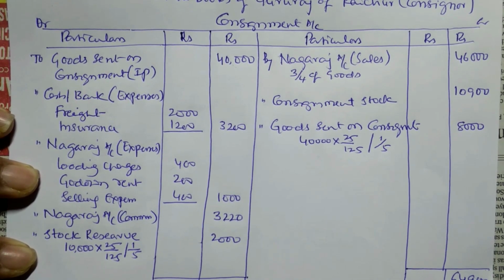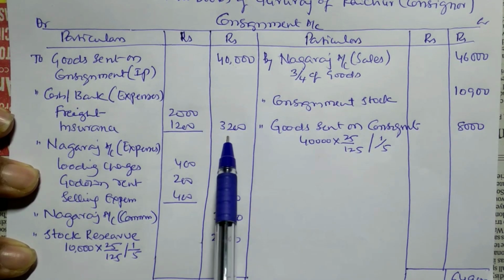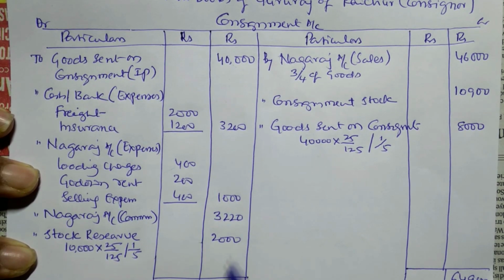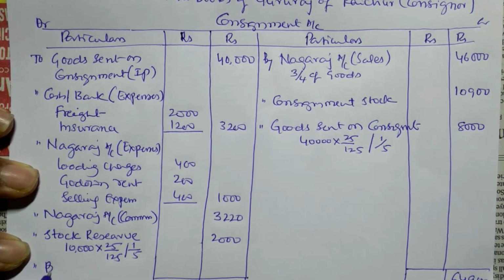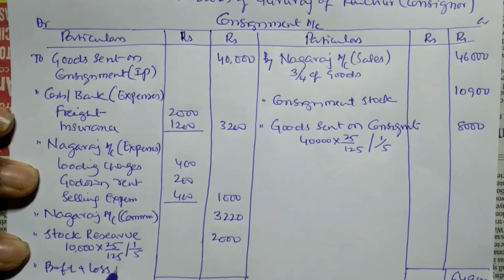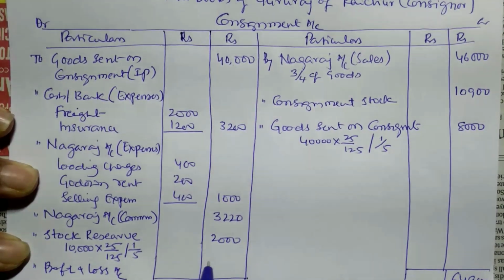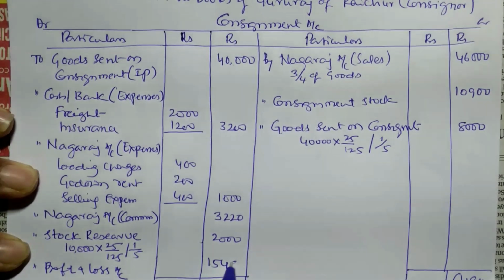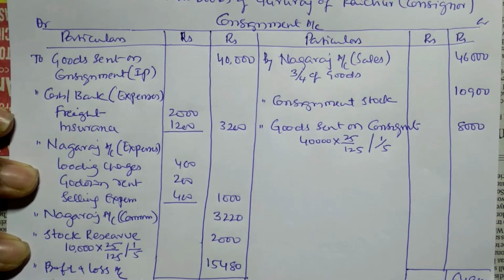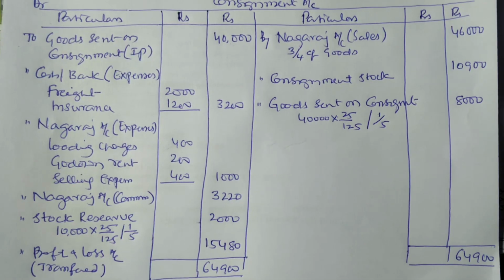Out of 64,900, we should minus 40,000 plus 3,200, 1,000, 3,220 and 2,000. The remaining is profit and loss account, that is 15,480. This will be transferred.